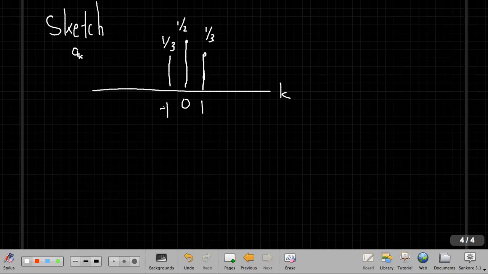When k equals 2, I get 0. And when k equals 3, I have minus a sixth. This is my k equals 3 sample. And then it repeats periodically outside that. So I'll have another 0 at 4. I guess I shouldn't have put this so close.